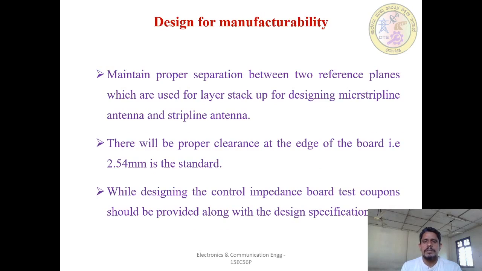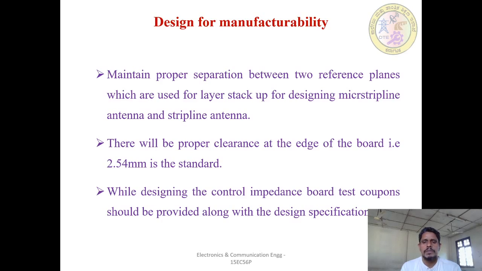Maintain proper separation between two reference plates which are used for layer stack up for designing the microstrip line antenna and strip line antenna. The main purpose of the multi-layer board is to route the high-speed signals and also provide the strip line and microstrip line antenna in your PCB.